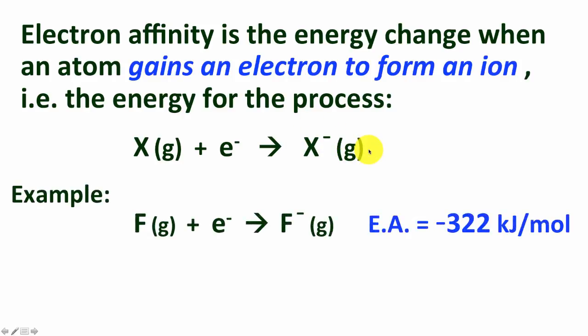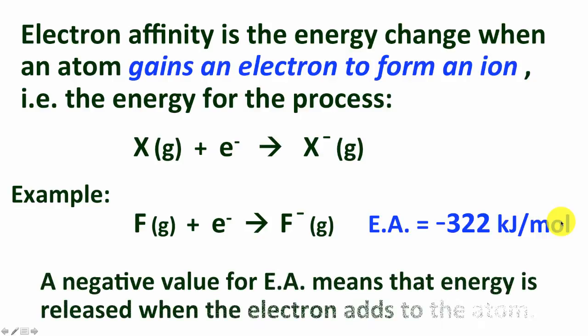An example would be fluorine gaining an electron to make fluoride, and the electron affinity, EA here stands for electron affinity, is negative 322 kilojoules per mole. Now note, electron affinities are negative, and what that means is that energy is released when the electron is added to the atom. So this is an exothermic process.